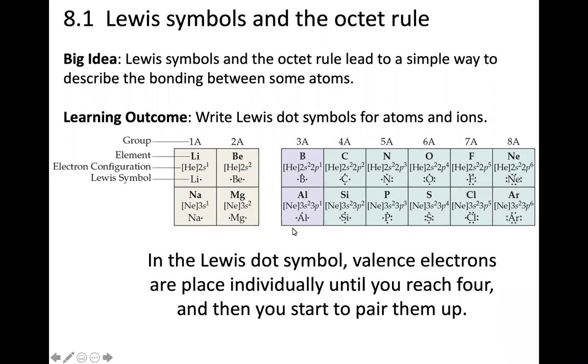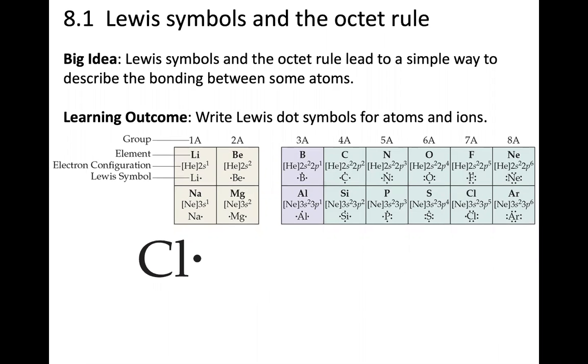So our strategy for this is we're going to add these dots around the central atom. We add them individually until we get up to 4, and then we start to pair them up. So if I'm adding around chlorine, I've got a total of 7 electrons to add. There's 7 valence electrons. 1, 2, 3, 4, 5, 6, 7. That would be one way that I could draw it. When I say one way, this would be an equivalent Lewis dot symbol.